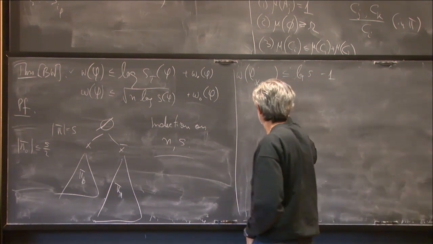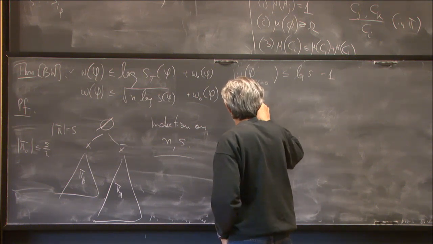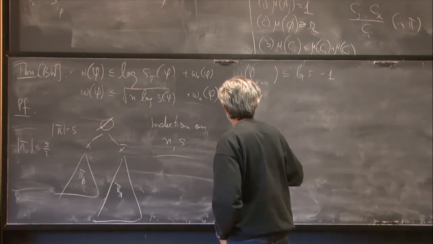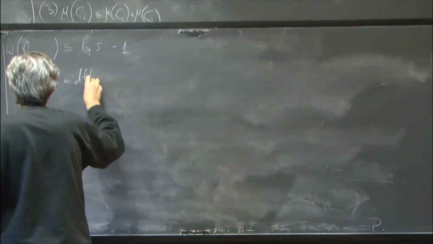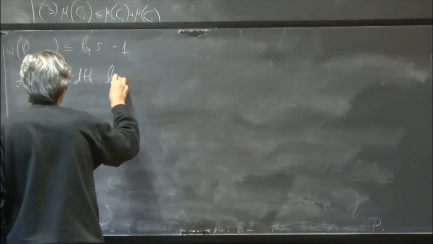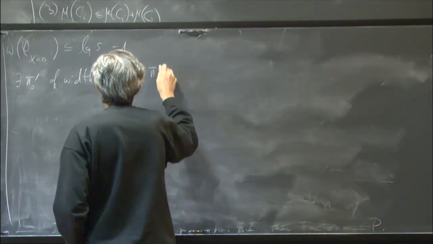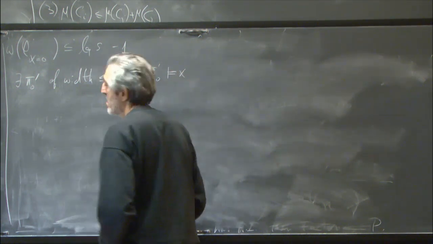So what do we infer from this? I want to infer that there's a pi, let me call it pi 0 prime, of width at most log S, such that pi 0 prime proves x.